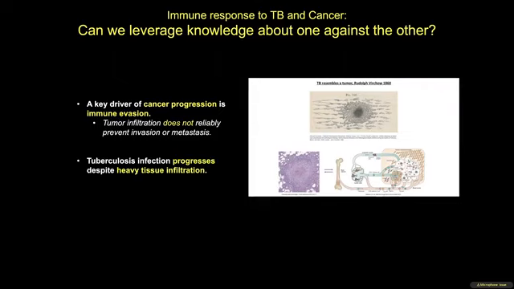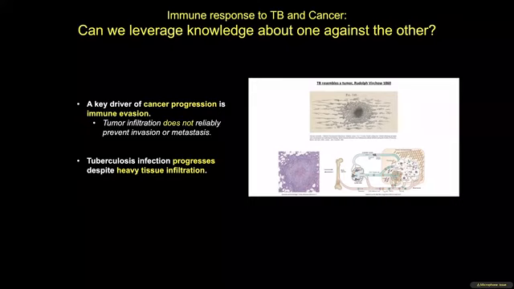And interestingly, tuberculosis is in some ways similar to that, which is that tuberculosis infection progresses despite a very heavy tissue infiltrate. The other thing that is odd about TB infection, that I've always thought is terribly interesting, is that if you look at the bacterial load in these lesions with respect to the severity of the disease, there's just not that many organisms in there.